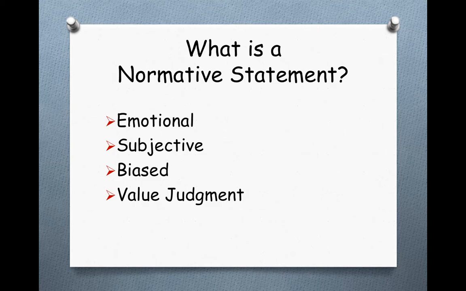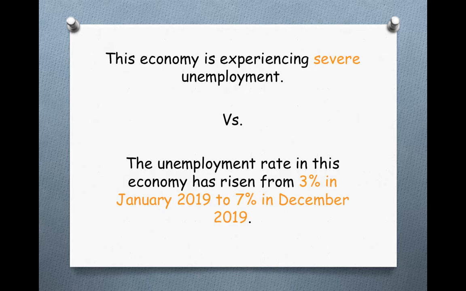So let's see a few examples of what these are. And let's test these two examples. One could say this economy is experiencing severe unemployment, versus someone else could say the unemployment rate in this economy has risen from 3% in January 2019 to 7% in December 2019.